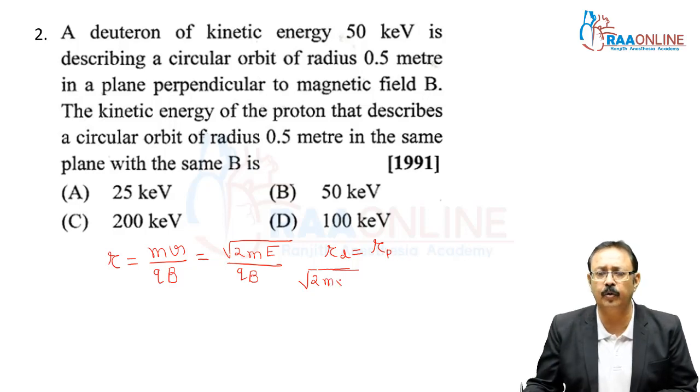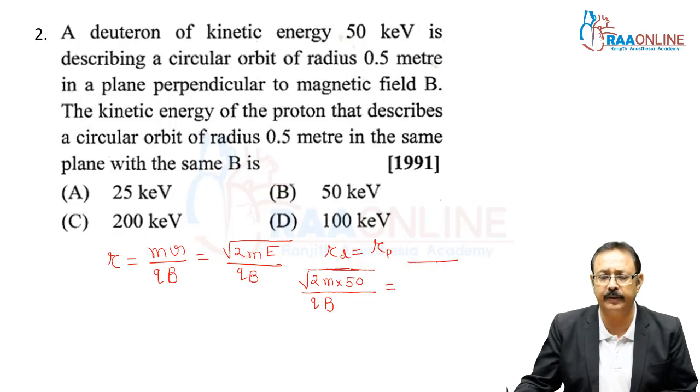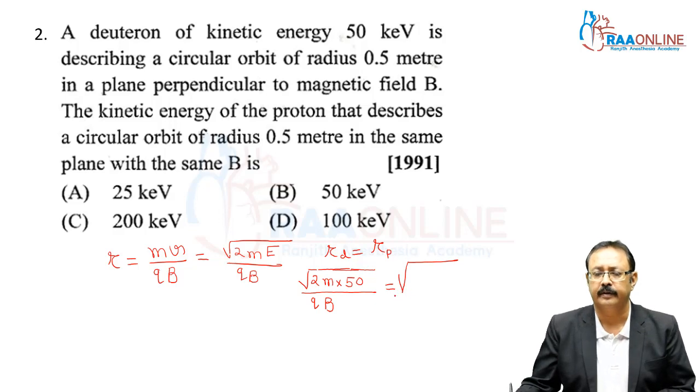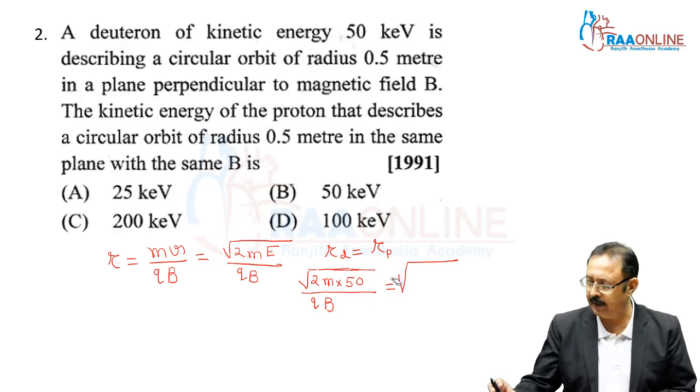Energy in kilo electron volt. I am putting only kilo electron volt so that I need Rp also in keV. It is 50. Charge on deuteron I am taking Q, magnetic field I am taking B. What should I put in place of these physical quantities in Rp?